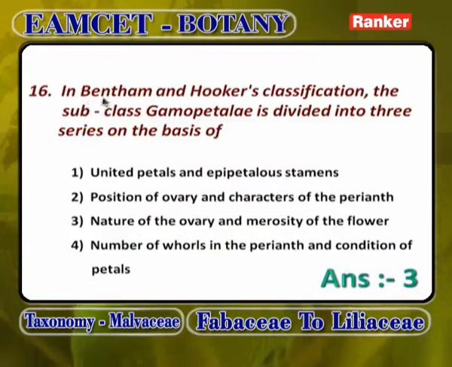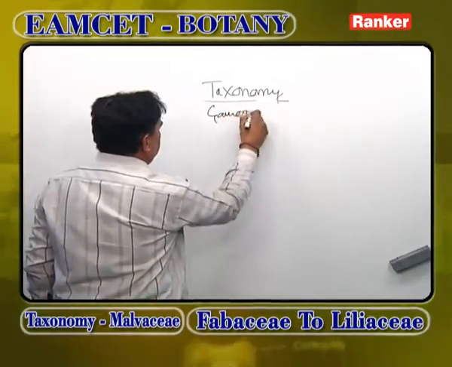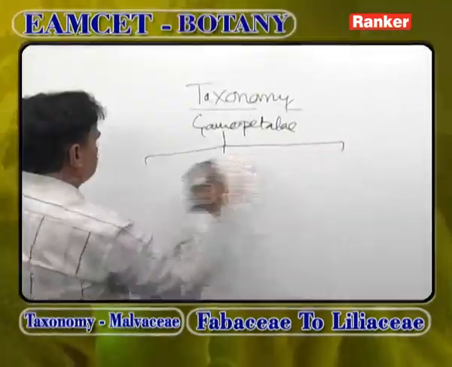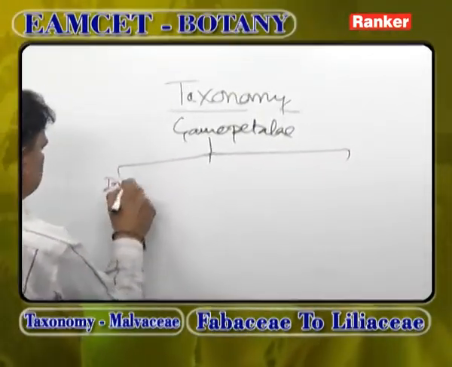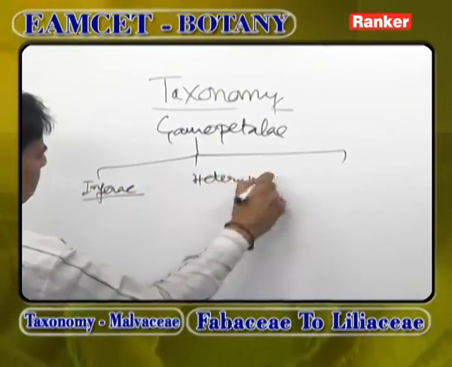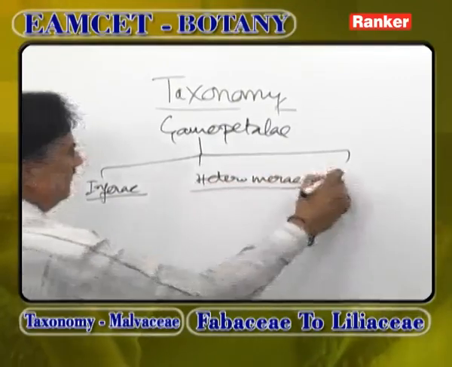Next, in the Bentham and Hooker system of classification, the subclass Gamma Petalae is divided into three series: inferae, heteromerae, bicarpellate.